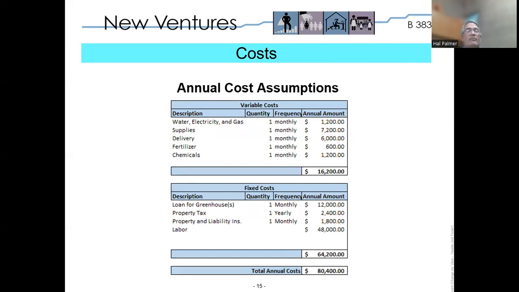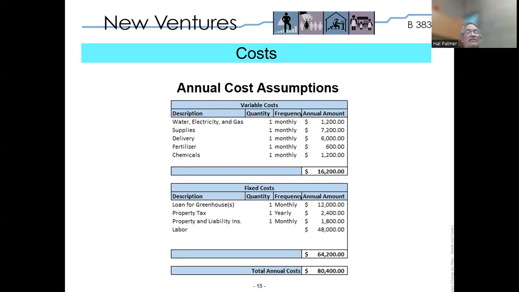Here are my annual cost assumptions broken down by category. For example, we have variable costs and we have fixed costs. The variable costs would be water, electricity, gas, supplies, delivery, fertilizer, chemicals. If I do a rough estimation, these would add up to annual expenses of over $16,000.